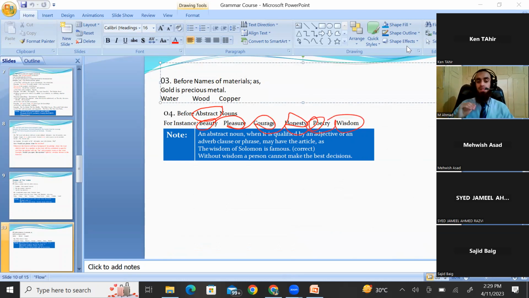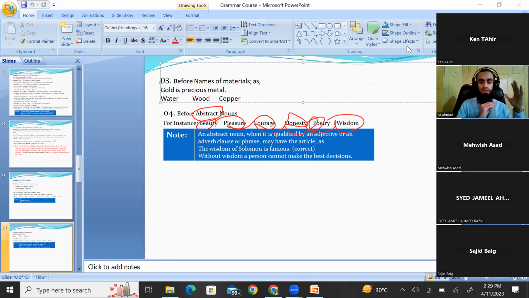Before all the abstract nouns, you can say beauty is mortal. You cannot say the beauty. You can say she is beautiful. You can say the nature's beauty, then the comes before nature, but not before beauty. It reflects beauty.